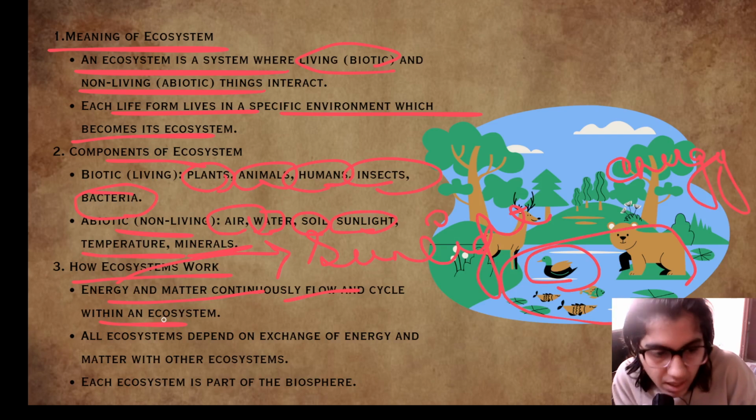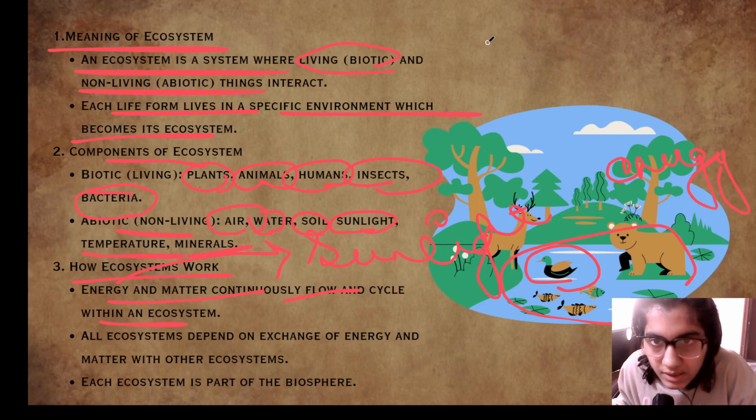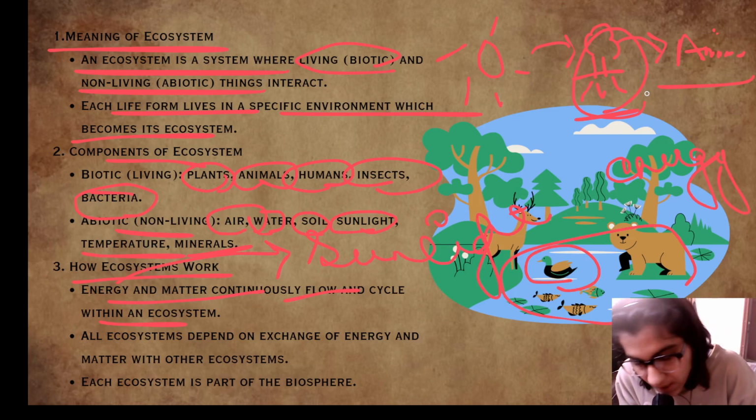Then some animals eat plants. Firstly that energy is in the sun, then with that energy plants make food. That same energy is taken by animals, and those animals eat other animals, and we human beings eat plants, and some are non-vegetarian, so they eat animals also.